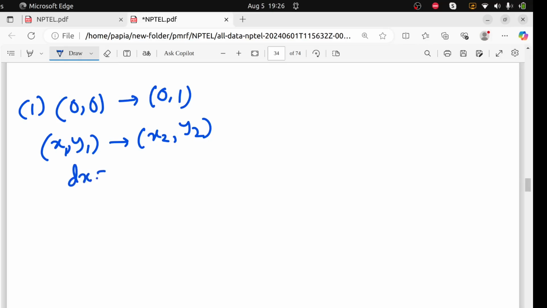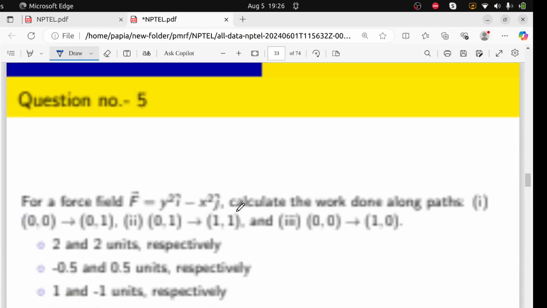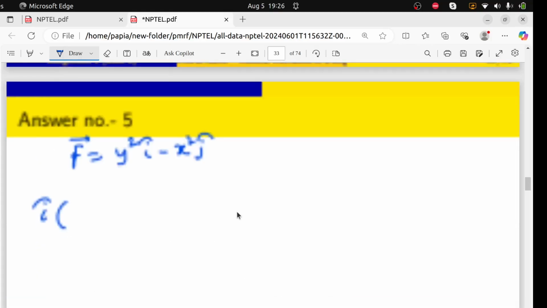So dx is what? dx will be 0. And x is also x1 and x2 all are 0. But dy is some value. It is not equal to 0. So y is going from 0 to 1. Now they are telling what will be the work done. Work done means F dot dr, right?